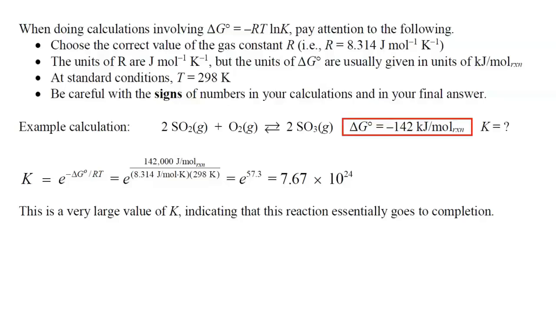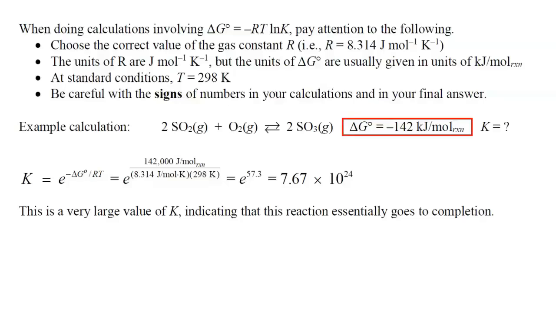We have to calculate the value of the equilibrium constant K. Remember that the equation delta G equals negative RT natural log of K, that equation is listed on the AP Chemistry equations and constant sheet, but the rearrangement of that equation where you solve for K, that equation is not listed. So you have to know how to do that rearrangement.